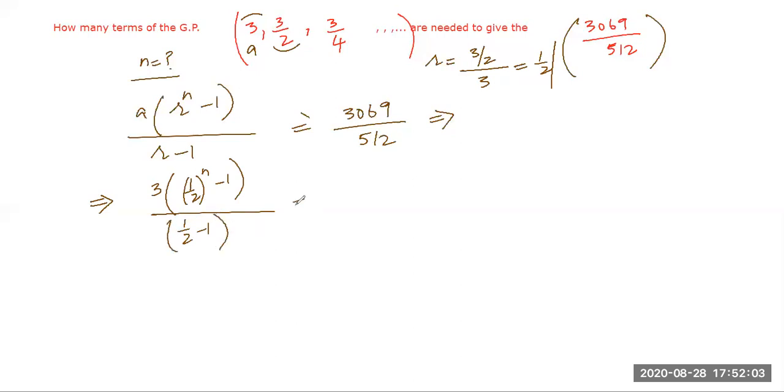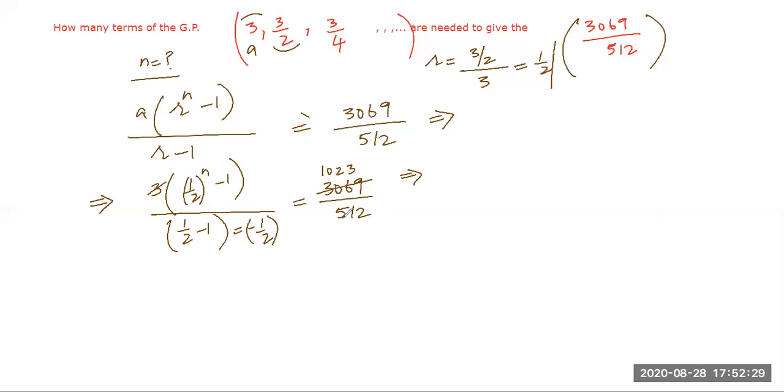So this is equal to 3069 by 512. All right. So we can write it like this. On the upper side, 3 gets multiplied by 1, 0, 3 to the 6, 3 3 is 9. Right. So this will come as minus 1 by 2.